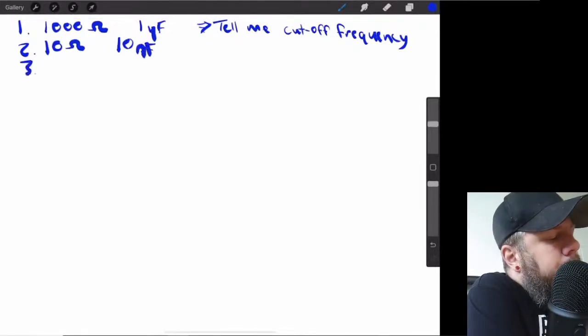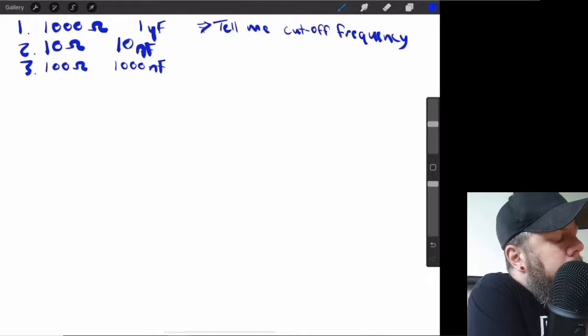Number 3, 100 ohms and 1,000 nanofarads. Number 4, 270 ohms and 1,000 nanofarads.